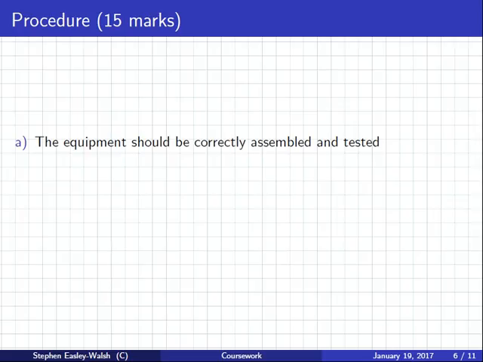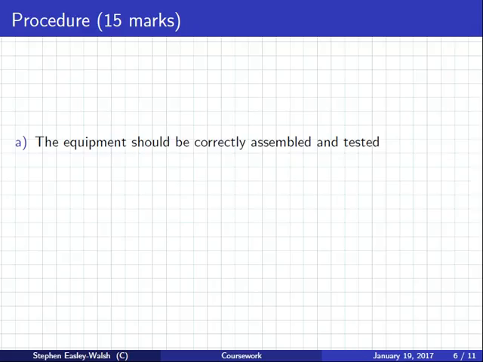How do you check that it's okay before you use it? You need to make sure the reading is at zero before you use it. It needs to say zero before there's a weight on it.